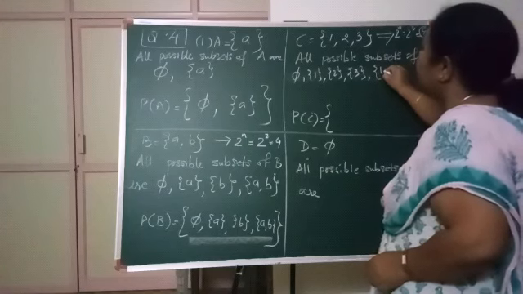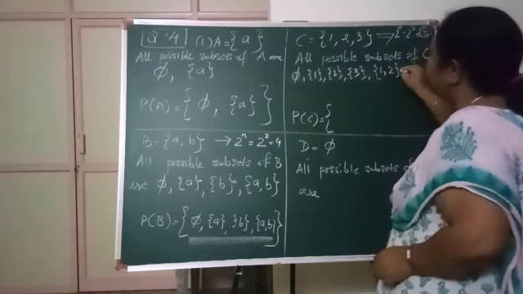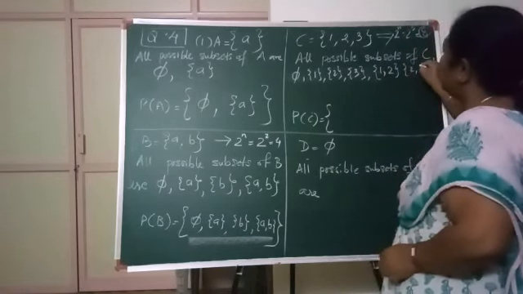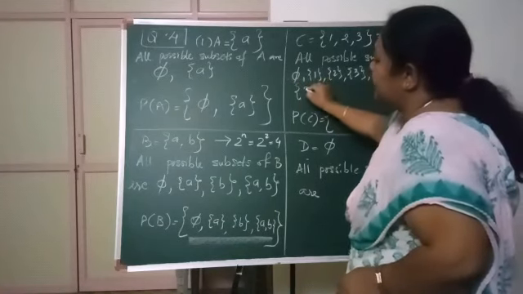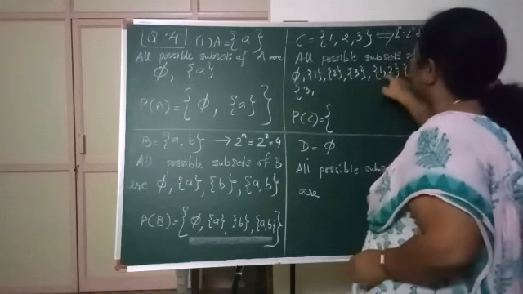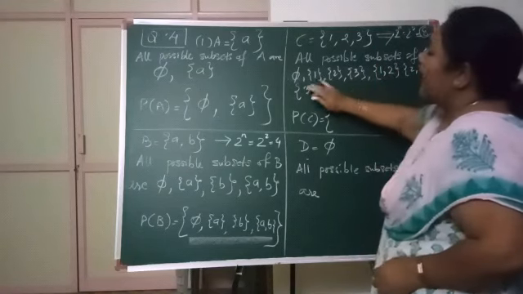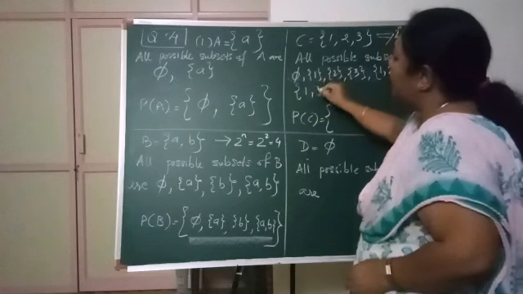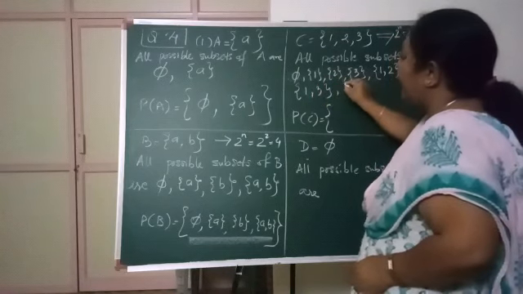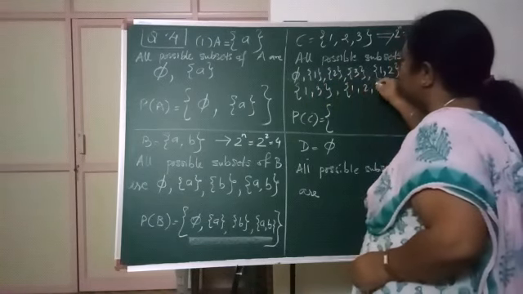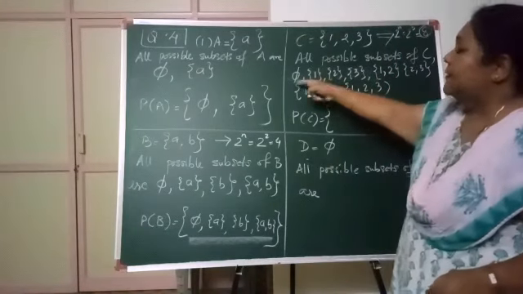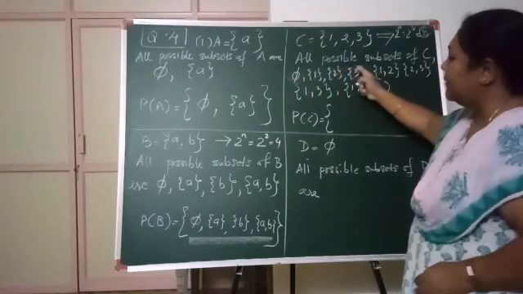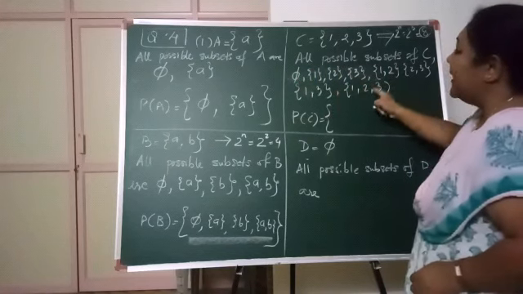Now I write 2 members: 1, 2, then 2, 3, then 1, 3 remains. Then I can have 1, 2, and 3 together. Now I count 1, 2, 3, 4, 5, 6, 7, and 8.